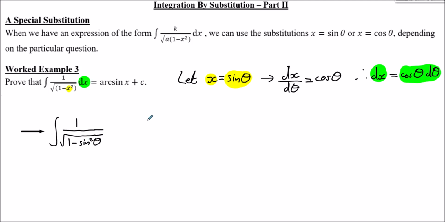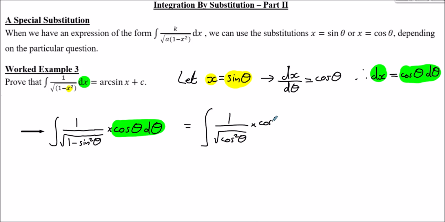All by dx, but of course dx now we're saying is cos theta d theta. Now, this is the beauty. 1 minus sine squared, of course, is cos squared. So it's 1 over root cos squared theta times cos theta d theta.